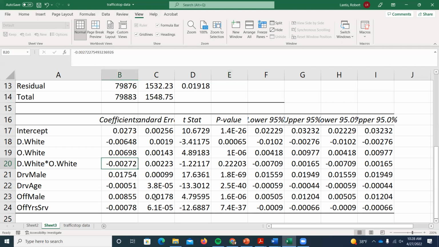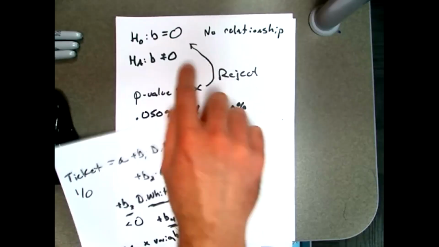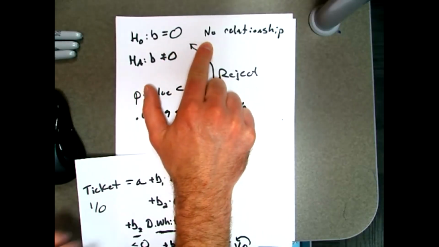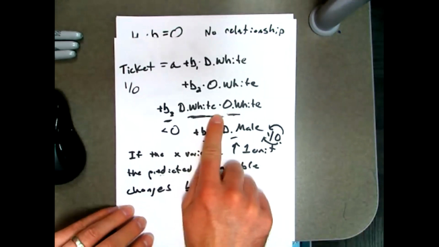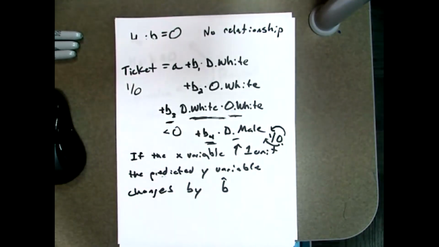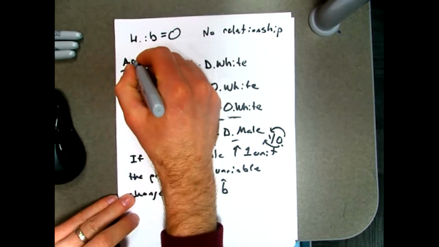So it does look like there's some evidence that maybe there's some discrimination going on with the arrests, but we can't say that at any statistically significant level, right? We can't reject the null. And if we can't reject the null, what we're really saying is we didn't find strong enough evidence to say that there's any relationship between this interaction term and whether or not we actually change this to arrest, right?